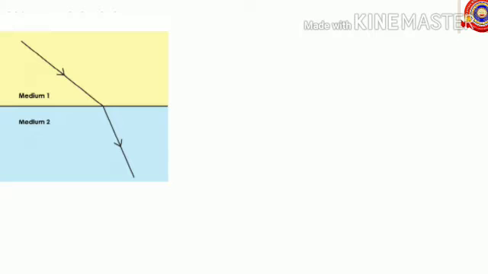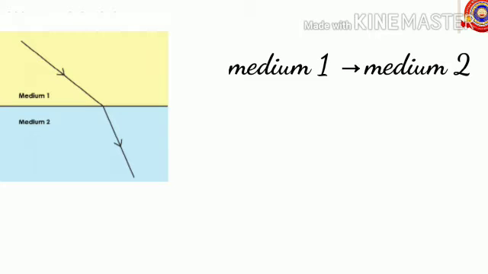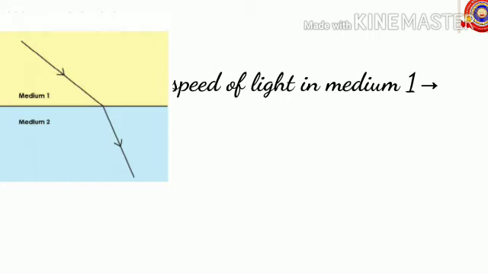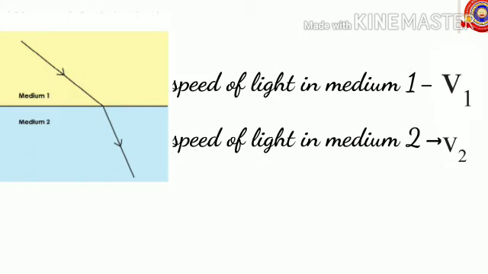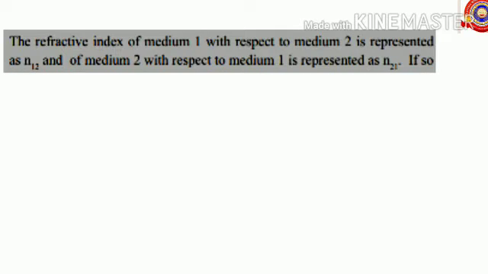So let's start today's class with this figure. In this figure you can see that the ray of light enters from medium 1 to medium 2. Imagine that the speed of light in medium 1 is v1 and that in medium 2 is v2. The refractive index of medium 1 with respect to medium 2 is represented as n12 and of medium 2 with respect to medium 1 is represented as n21.